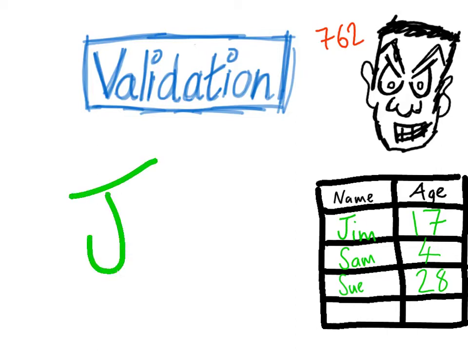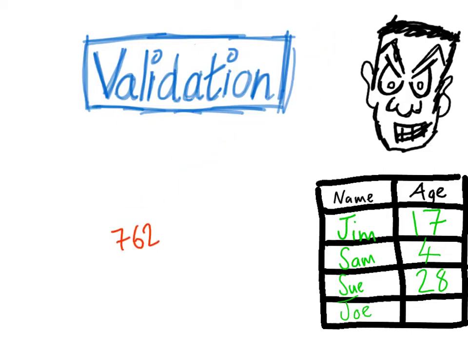Okay, that means that if anyone enters an age like this, so let's say we've got Joe for another nice short one. Joe comes along again, enters his data, puts in the database, perfectly valid, no problem there, but for whatever reason he enters his age as 762. Obviously we know that that's not going to be correct. That's not a valid piece of data, because human beings don't live to be 762.